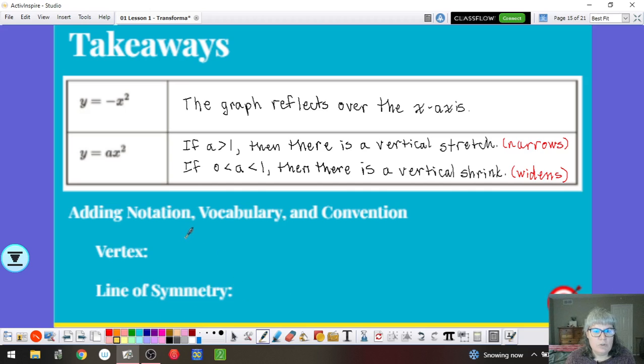Some additional vocabulary and notation that we used in this lesson. The vertex is the point of the maximum or minimum.